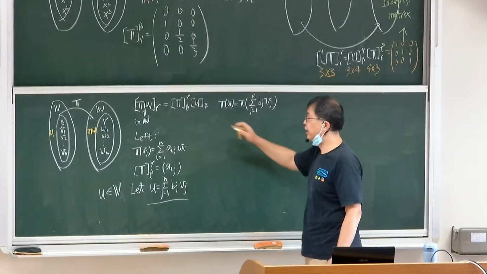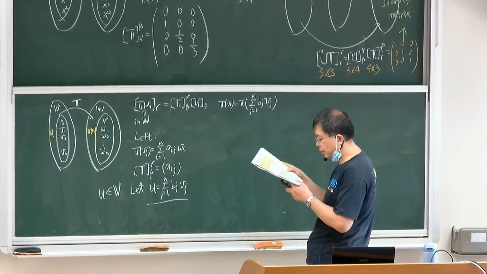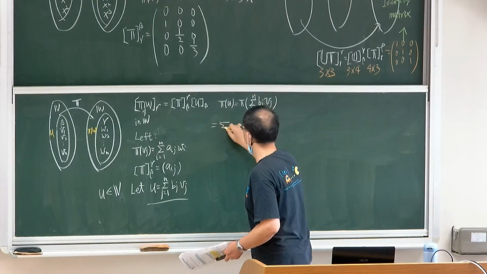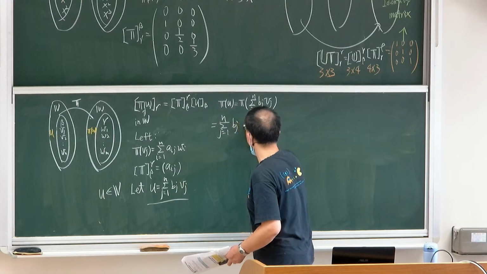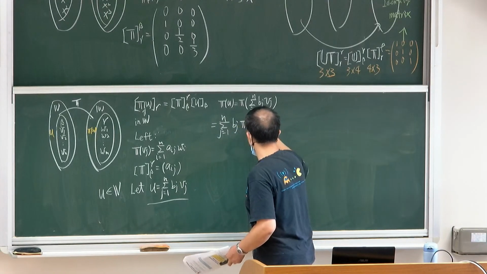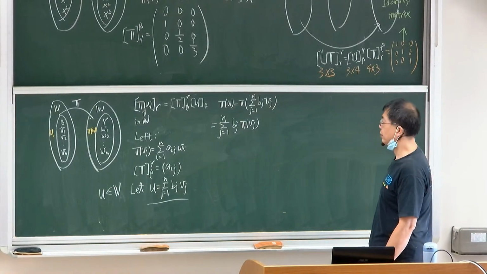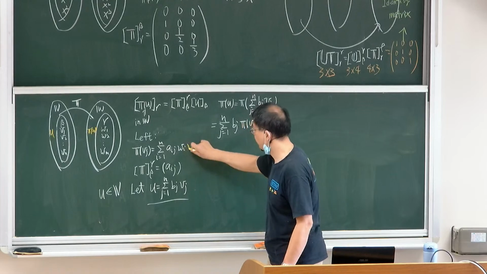Because T is a linear transformation, I can rewrite it as the summation j equals 1 to n of Bj times T operating on the basis vectors, and we know this already.